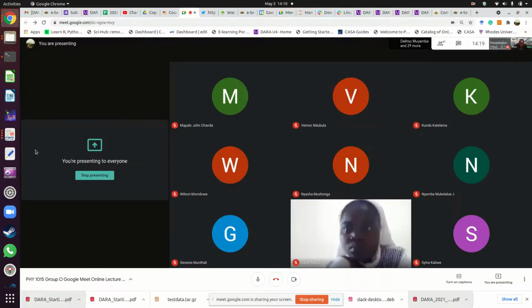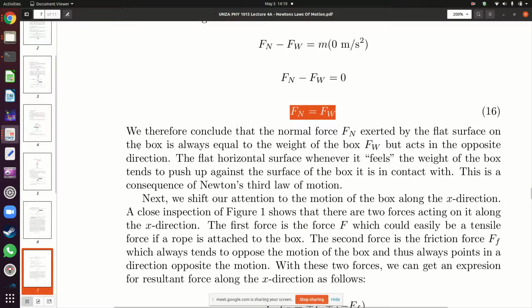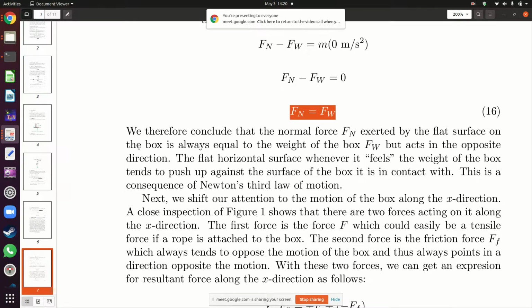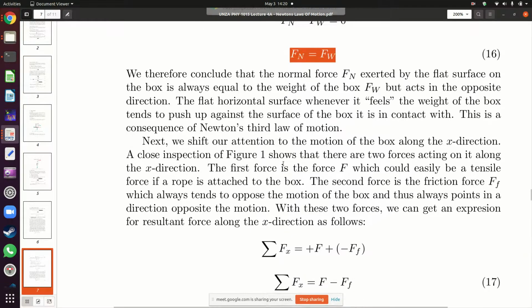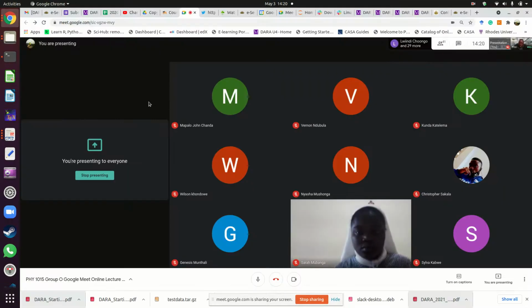Are we clear? This is the first conclusion we draw from applying Newton's second law of motion. Are we clear? Hello? Is it clear?